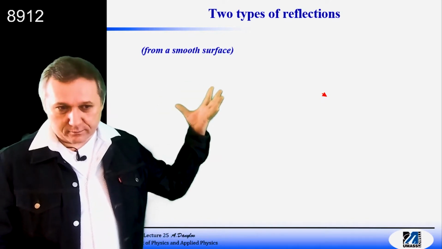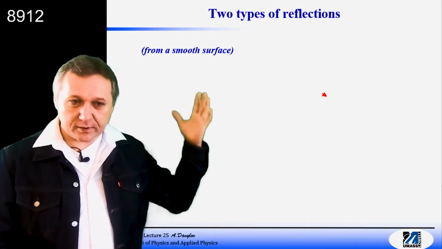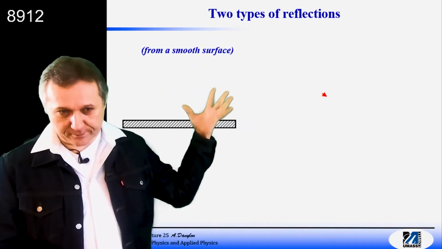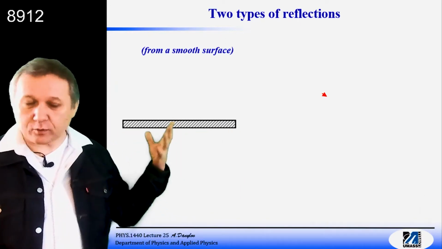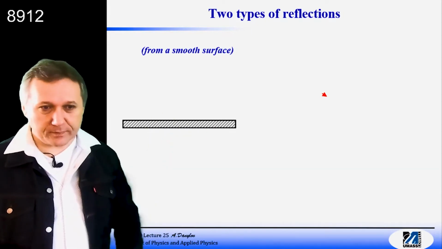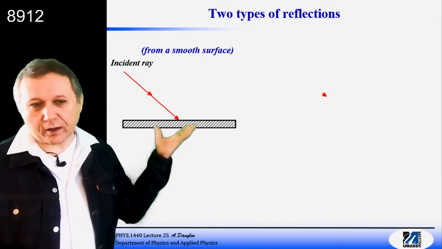First one, a reflection from the mirror. It's a reflection from a smooth surface. So let's assume that this is the surface of the mirror, smooth. Let's draw one ray.